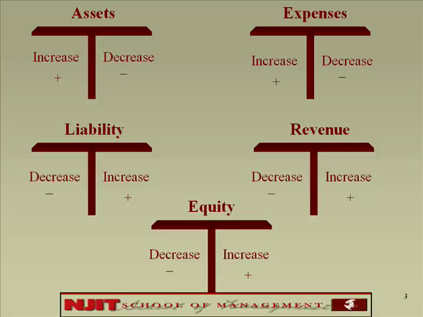For a liability, a decrease is shown on the left and an increase on the right. For revenue, a decrease is shown on the left, an increase on the right. For equity, the same rule applies, namely, a decrease is shown on the left and an increase on the right.